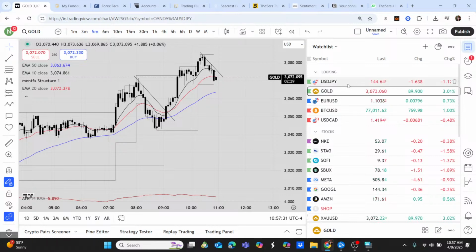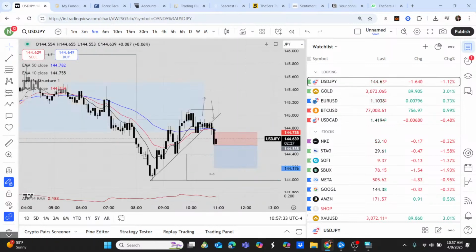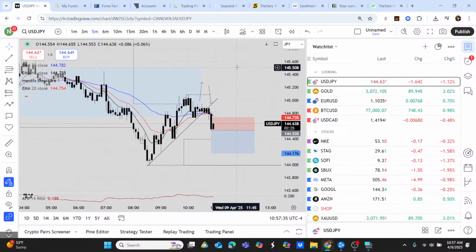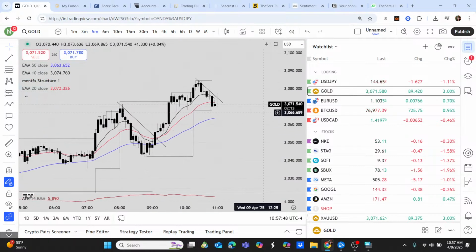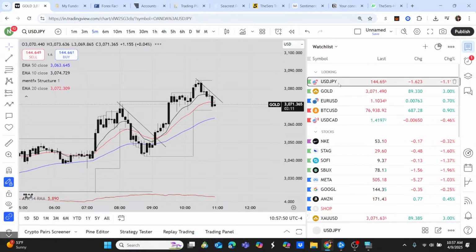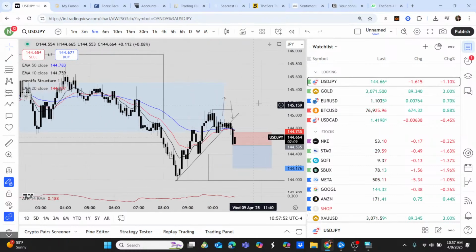Damn, they both look good. But I'm gonna go with USDJPY. That's the one I'm gonna go with first. That's what I usually do, whatever one sets up first. This one probably would set up in a few minutes if it wants to.